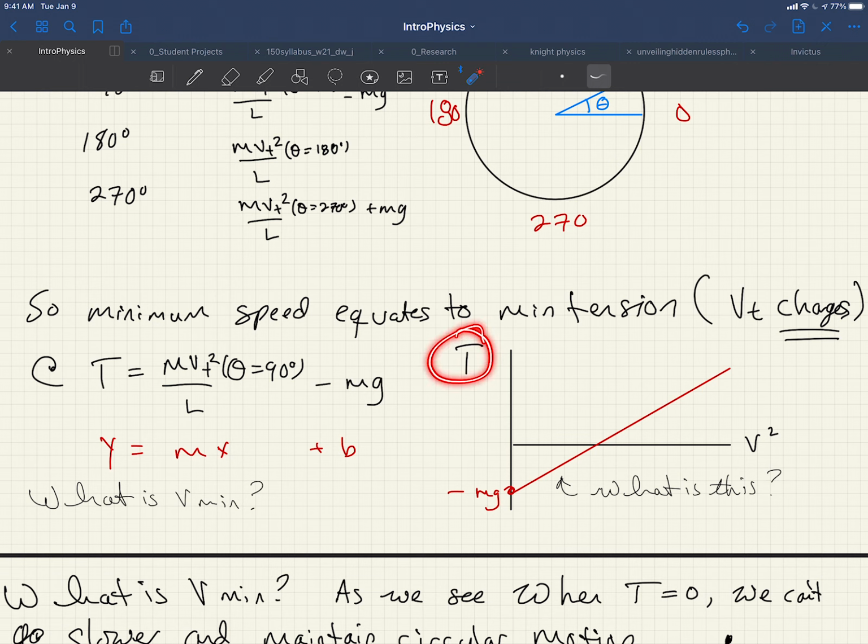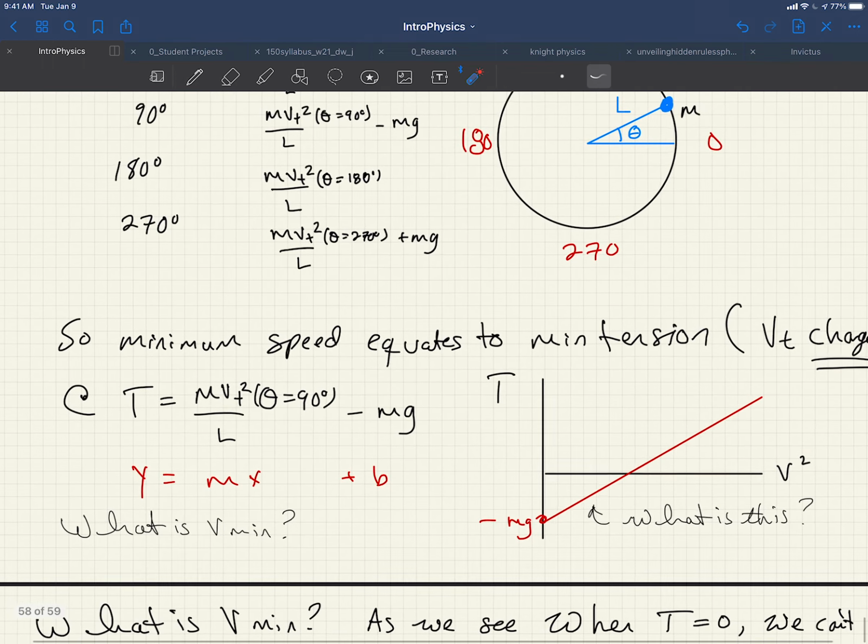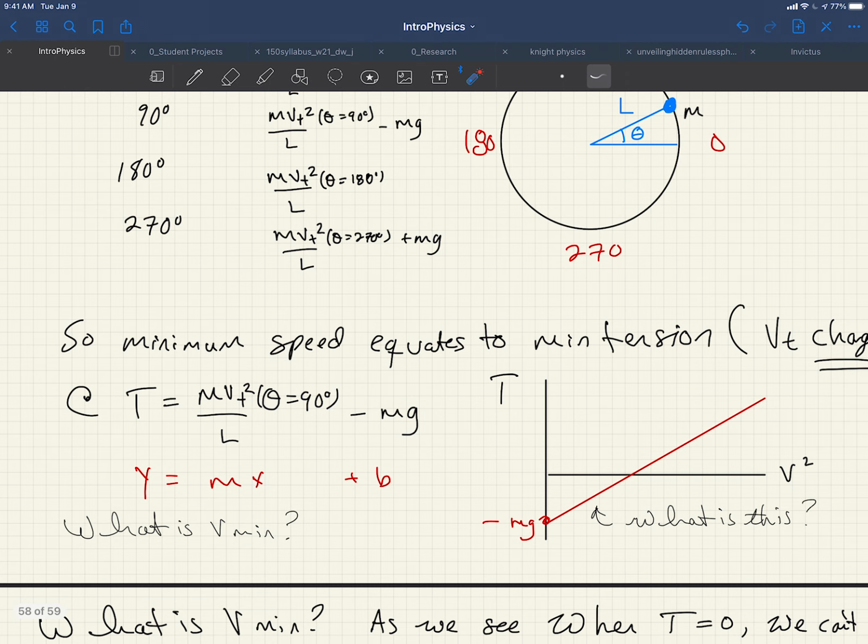If I make a plot of tension versus v squared, that turns this into a y equals mx plus b circumstance. So my intercept here is minus mg. There's my intercept. That says if I'm not moving, my tension has to be minus mg for that motion to occur. Is that possible? No, I cannot push with a rope, right? That says the tension has to be pushing upward for that to occur.